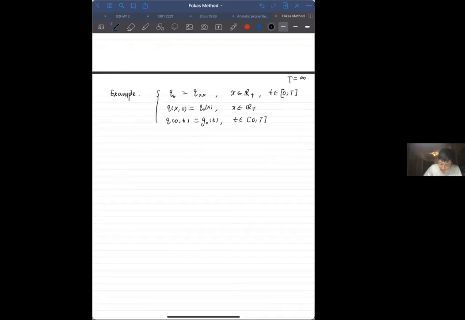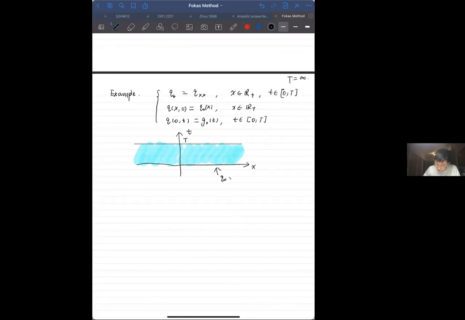So what does the problem look like in the phase space? Let's say here is capital T, and we want to find the solution in this strip. The initial data is given here.